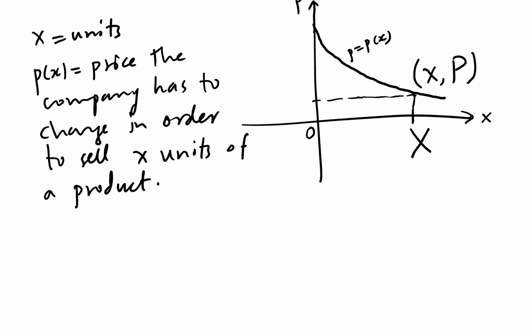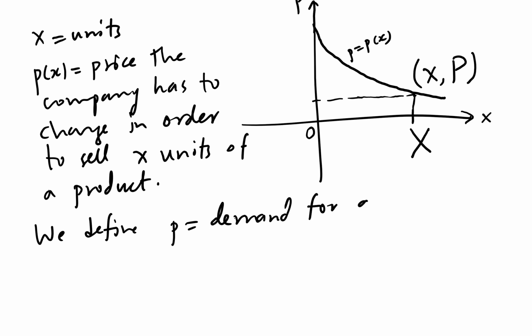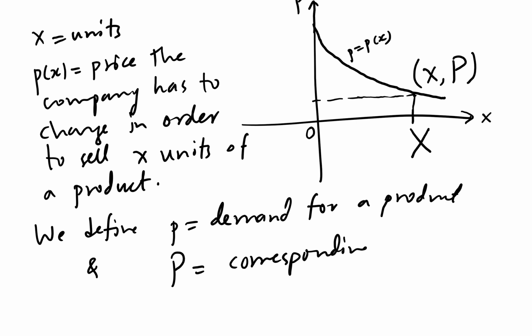We define small p to represent the demand for a product. And I'm going to call capital P the corresponding price to the given sales level.